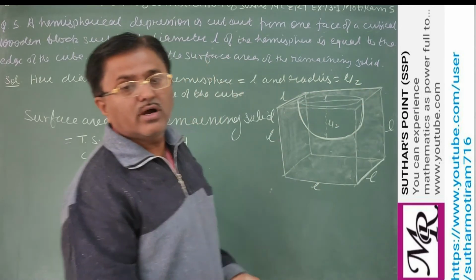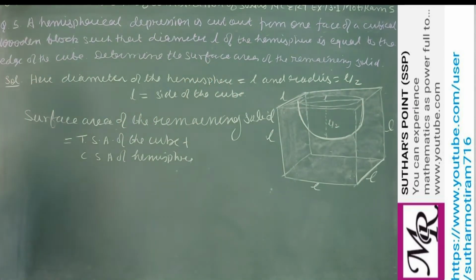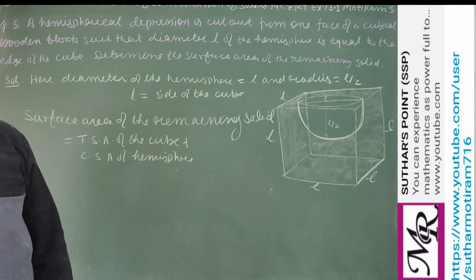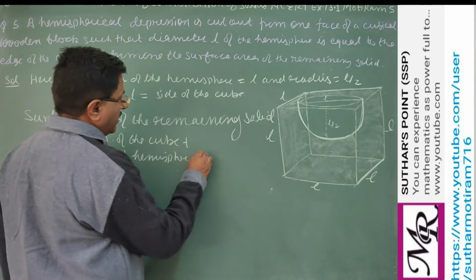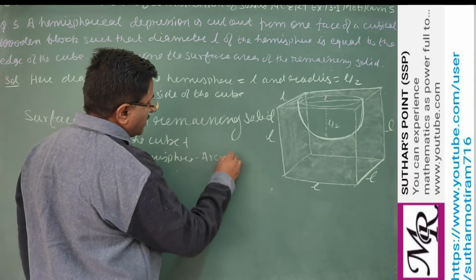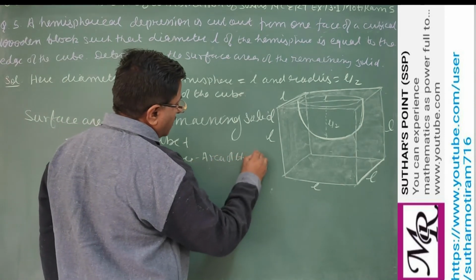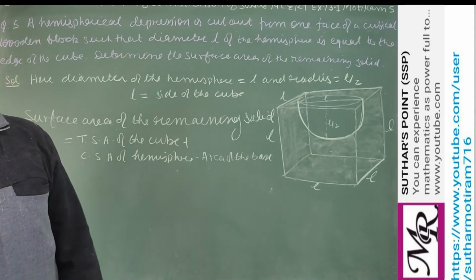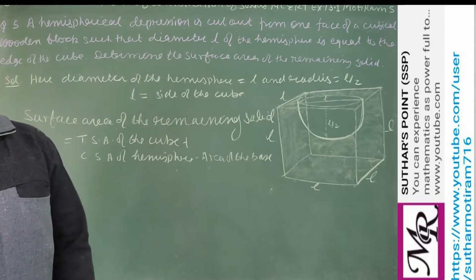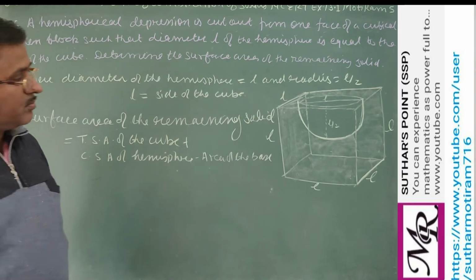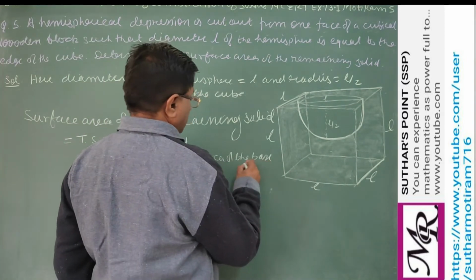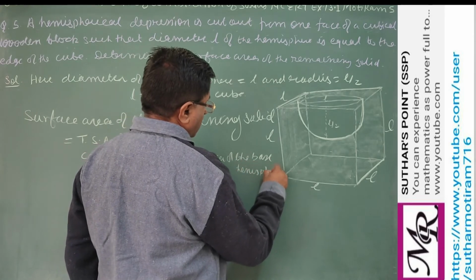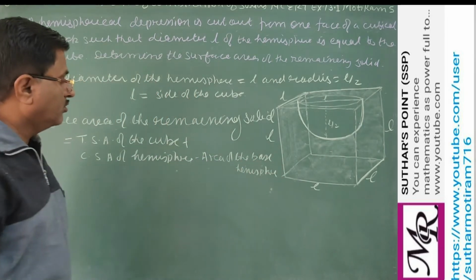So you have to again take minus, that is minus the area of the base, which is in the form of a circle.